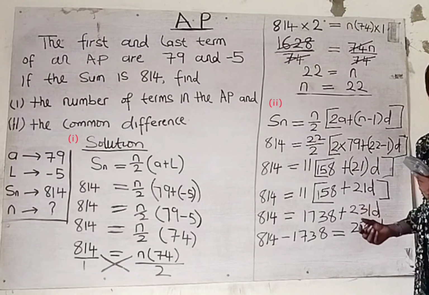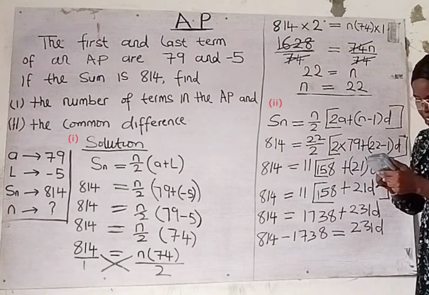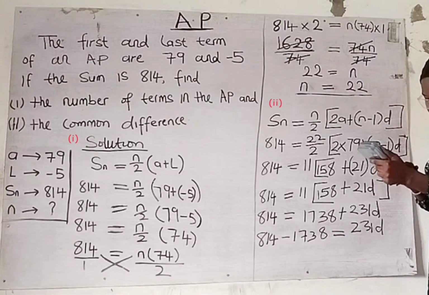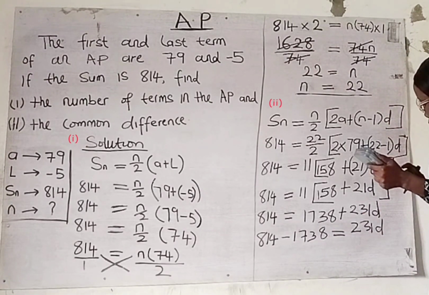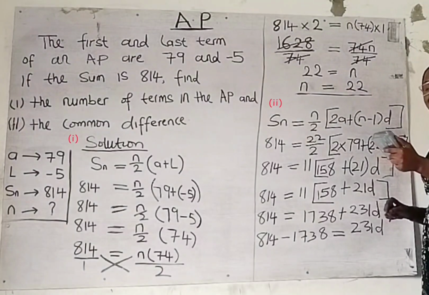So what do I do again? I subtract 814 minus 1738, which gives us minus 924.